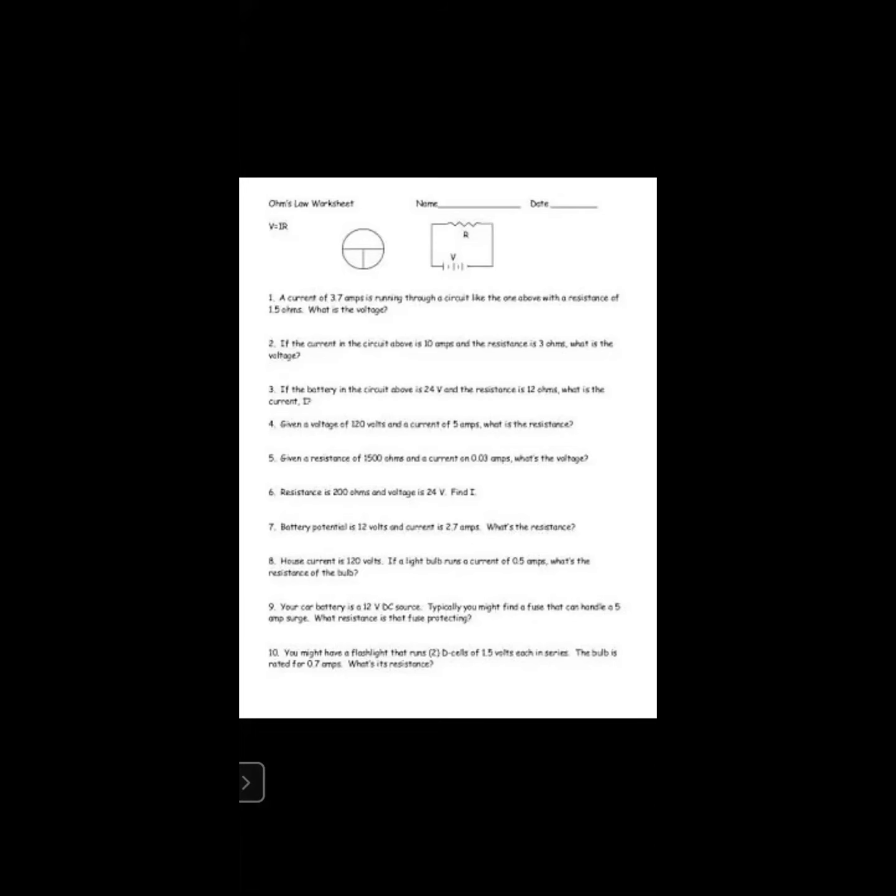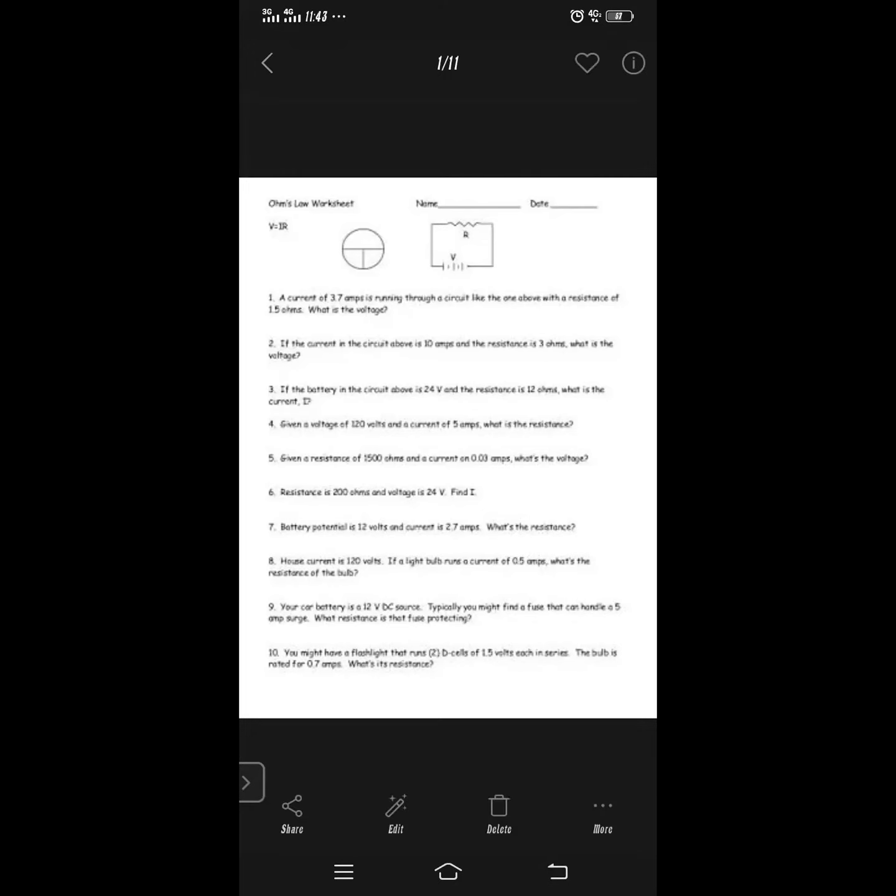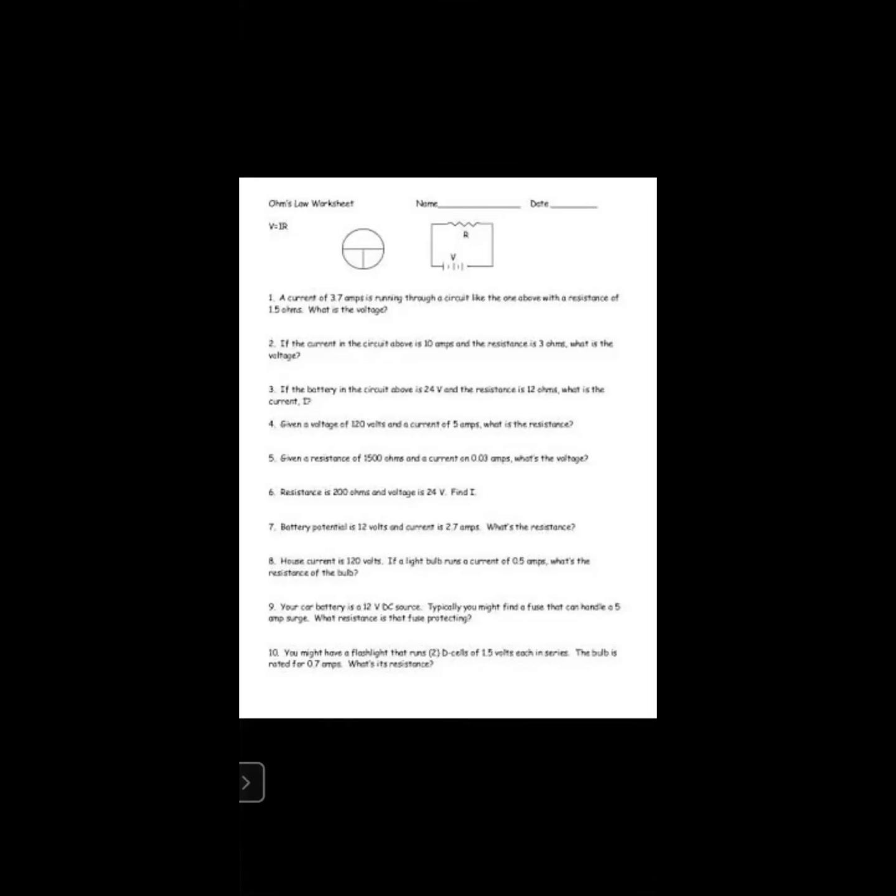What is the voltage? I'm going to read it one more time, then we will solve. A current of 3.7 amps is running through a circuit like the one above with a resistance of 1.5 ohms. What is the voltage?